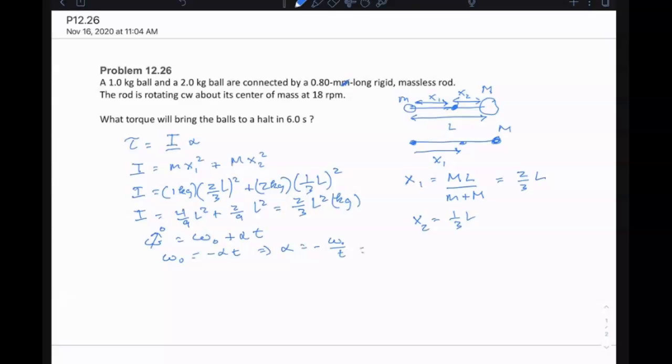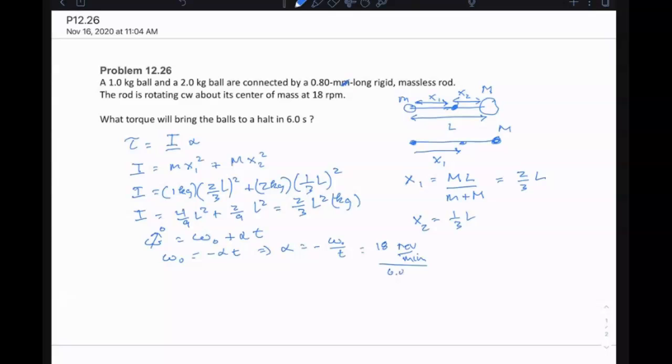So we'll write this as 18 revolutions per minute divided by 6.0 seconds.